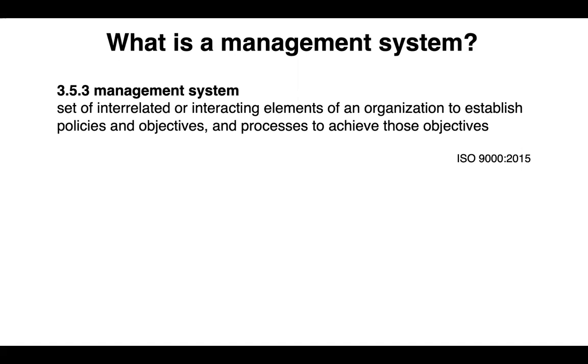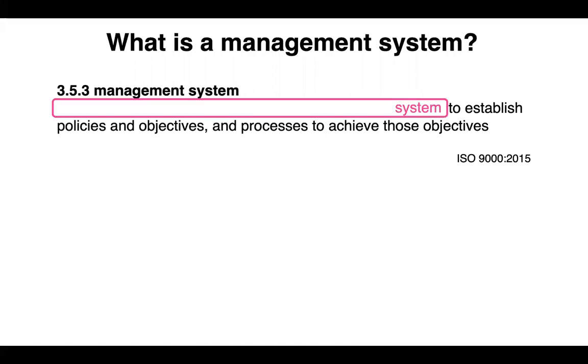Let us work on this. Let us substitute "set of interrelated or interacting elements of an organization" with the word system, because according to ISO 9000:2015, a system is a set of interrelated or interacting elements. So a management system is a system to establish policies and objectives and processes to achieve those objectives. Please read it again.